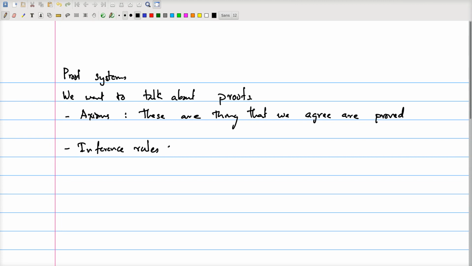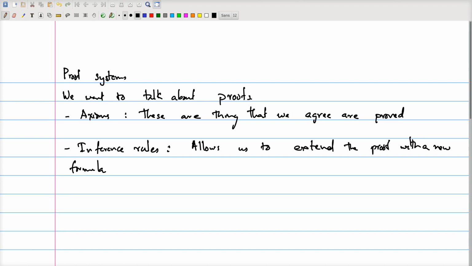So what are inference rules? They allow us to extend the proof with a new formula. Okay, so let's take an example.